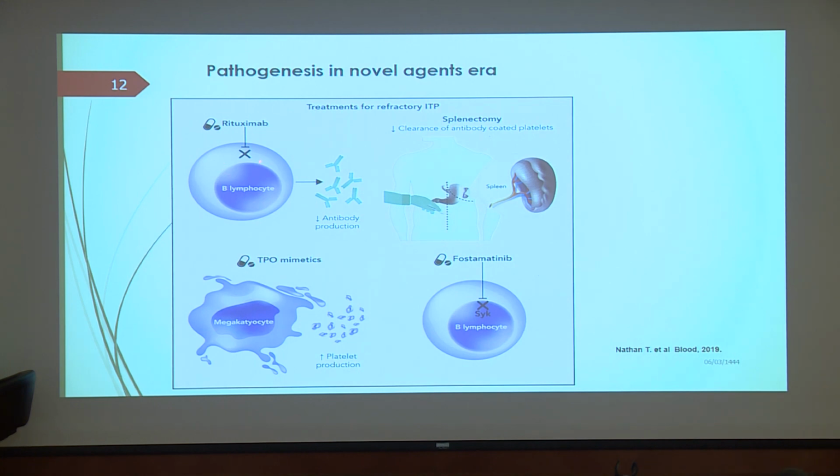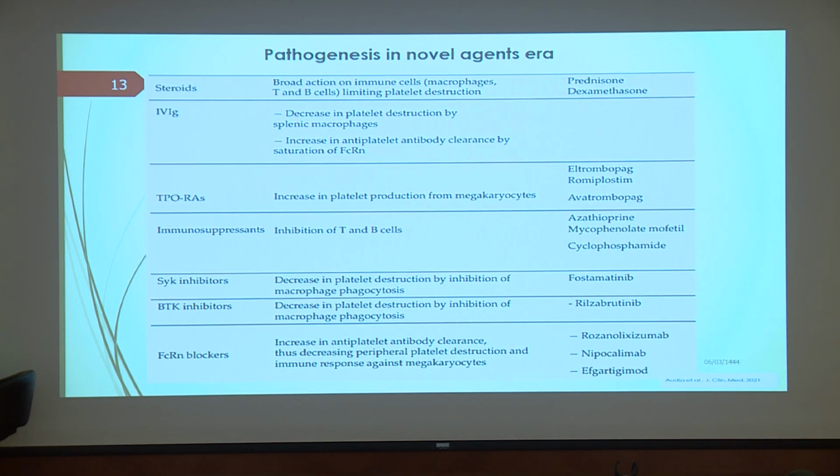The role of rituximab also has been tried in severe and refractory ITP patients. Splenectomy, yes, it's still old, but in some cases it might be gold, as it clears the anatomical space in which the phagocytosis happens. Now, this is just to summarize the mechanism of action of those inhibitors.